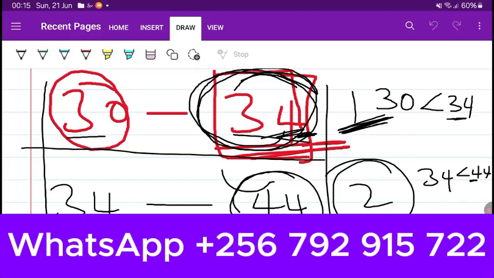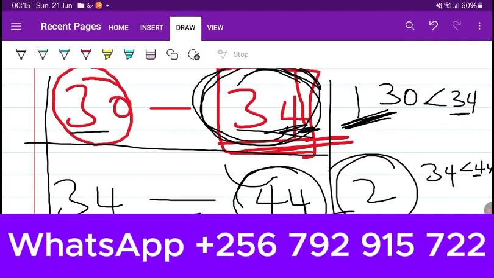And we've said that this 30 is actually our lowest class limit because it is the smallest value that could go in a class.